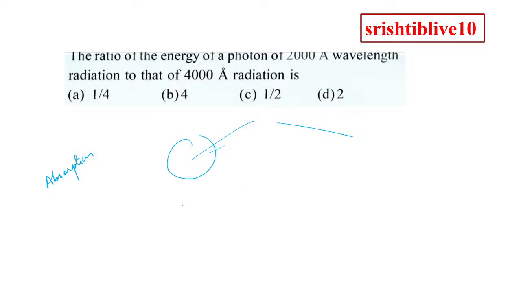Absorption spectrum has dark lines on a color background, and emission spectrum has color lines on a dark background. So the solar spectrum is an example of absorption spectrum, where we get dark lines on a color background.